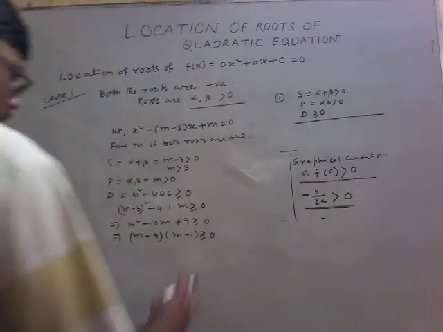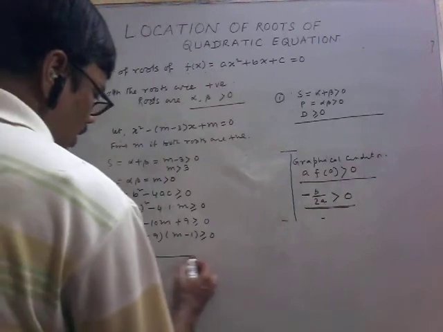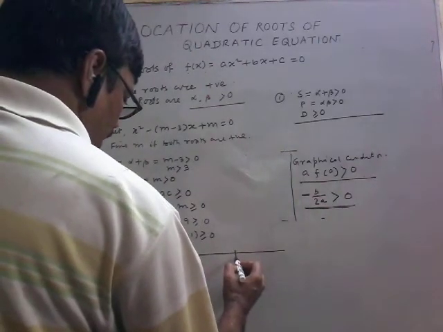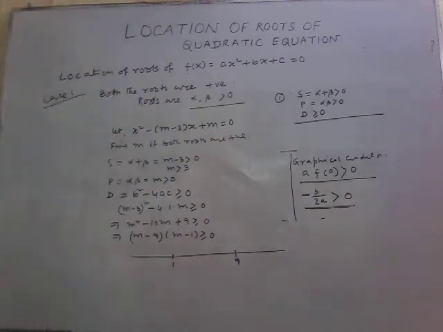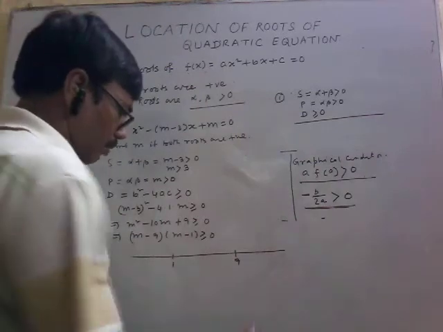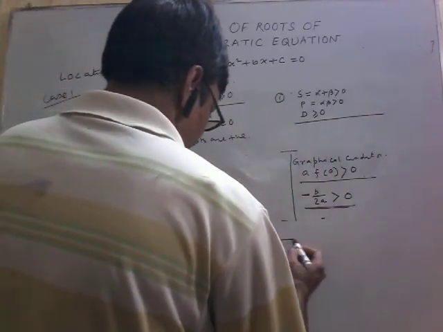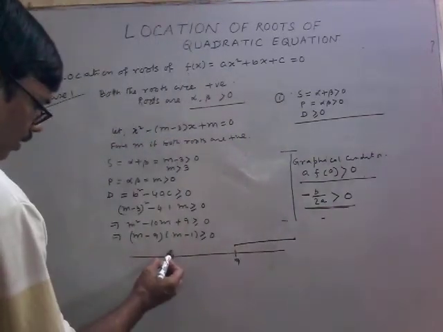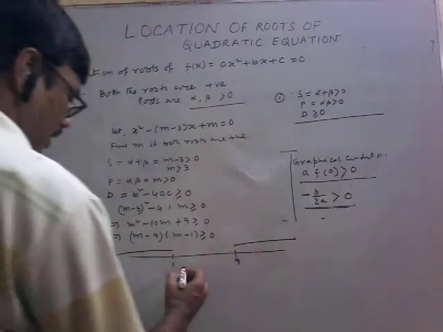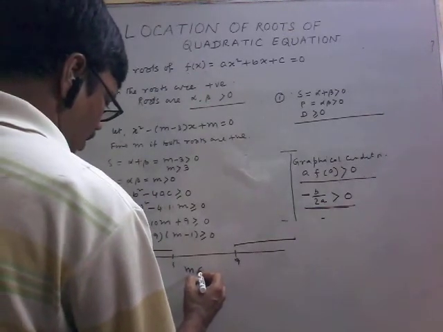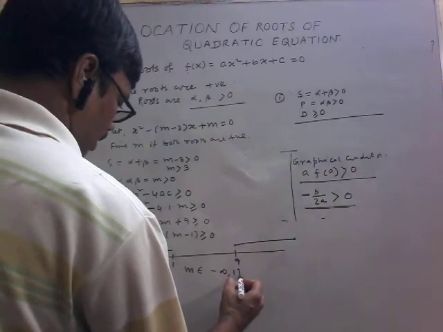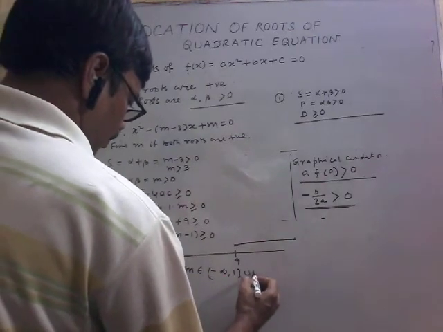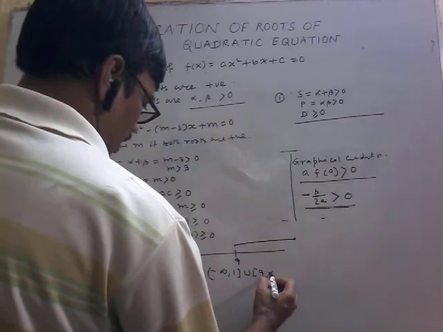And we know if it is a quadratic inequation with greater than sign, then the value of m lies outside the interval. That is this one. So what is m? m belongs to minus infinity to 1 union 9 to infinity.